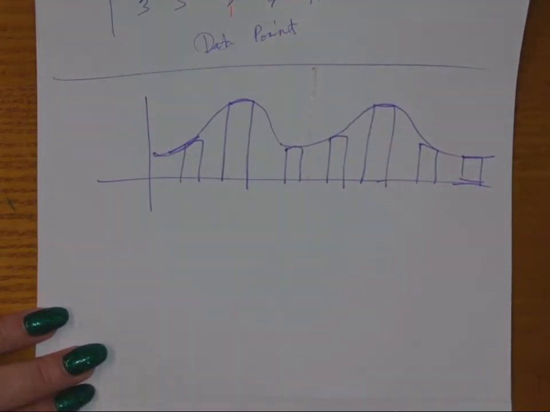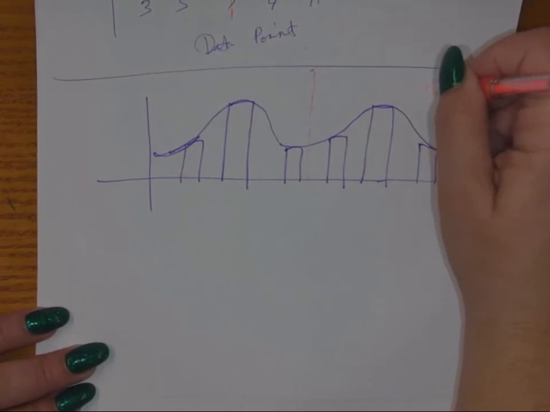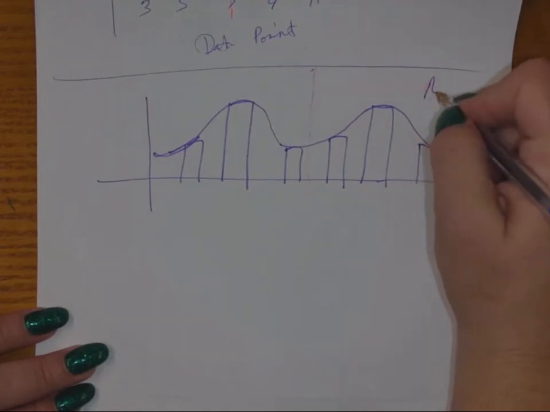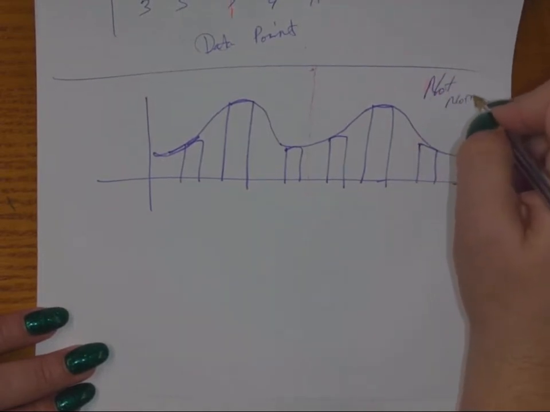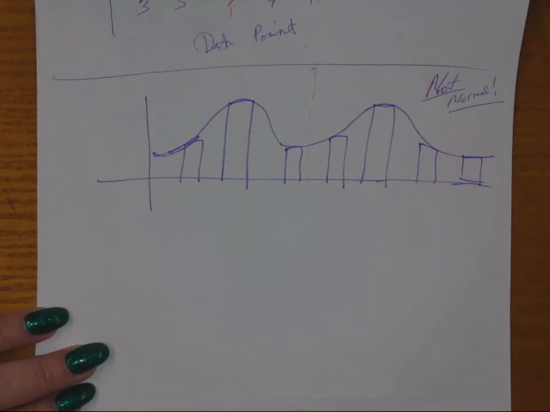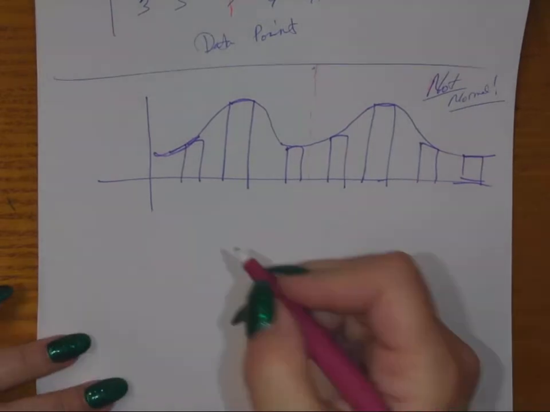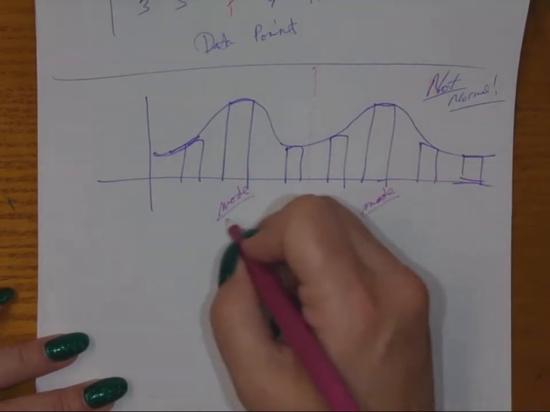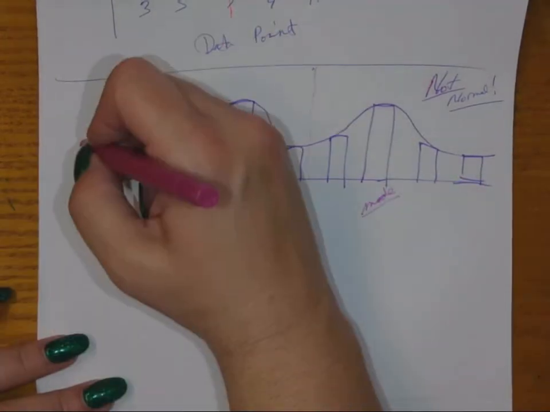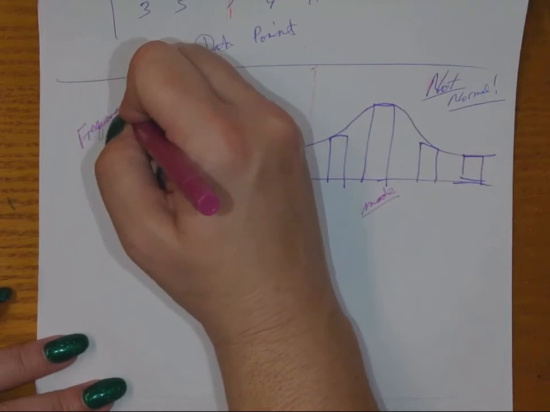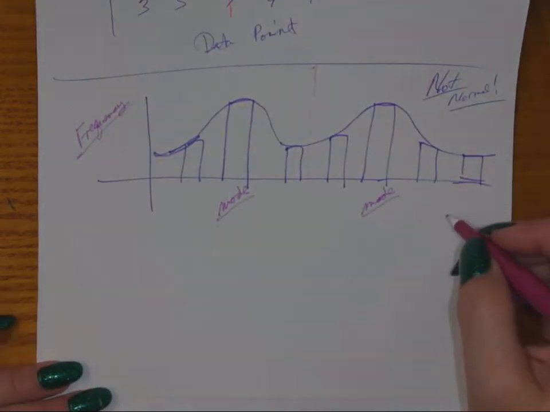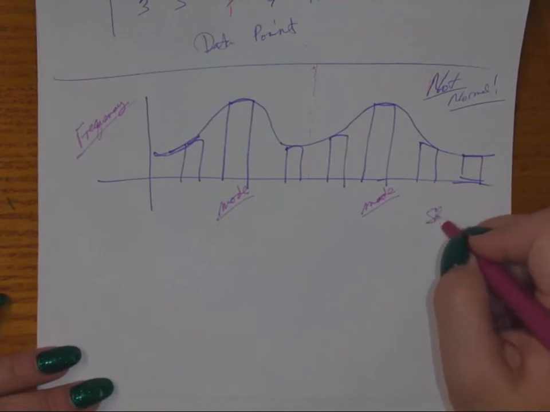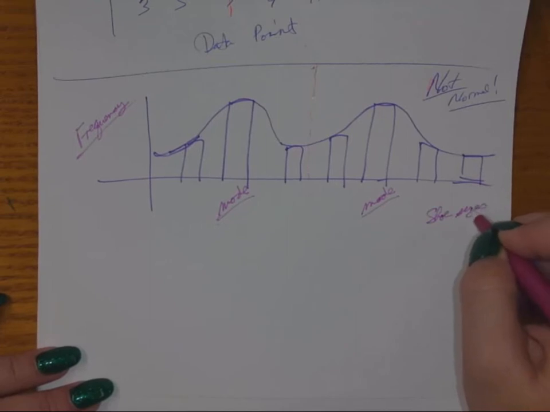But it's not normal. Oh, man. My pen's dying on me. It's not normal. Why not? Because it's got two modes, right? Here's a mode. And here's a mode. And we had a word for that the other day. I don't know what this could be. Maybe I'm taking shoe sizes, and I've got shoe sizes for men and shoe sizes for women, or something like that. So maybe I have a mode for women.